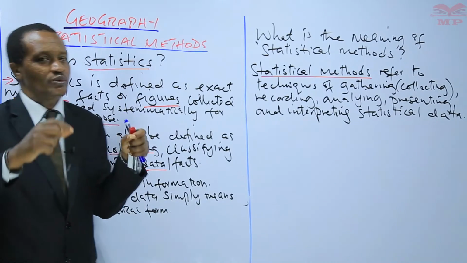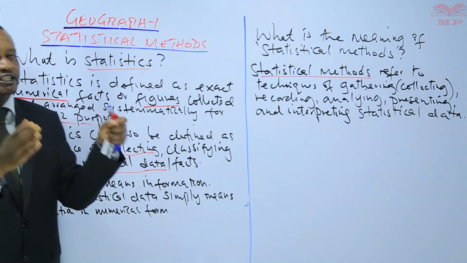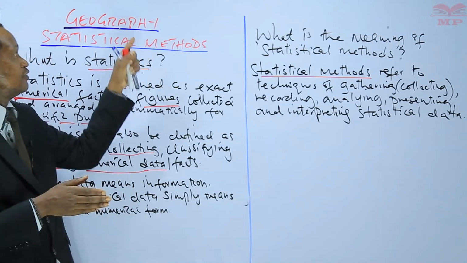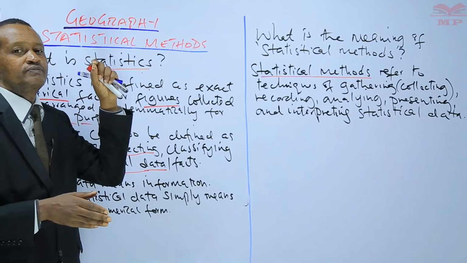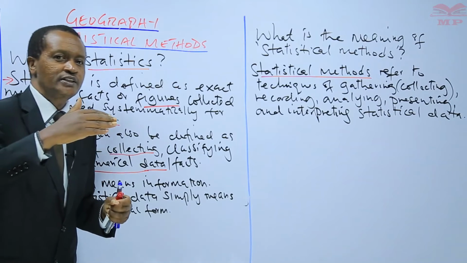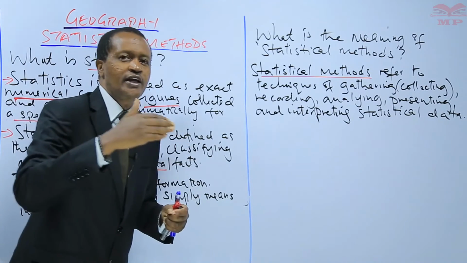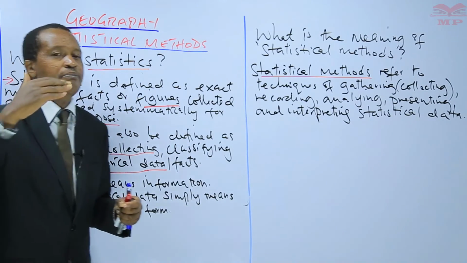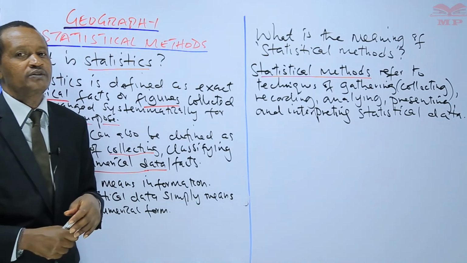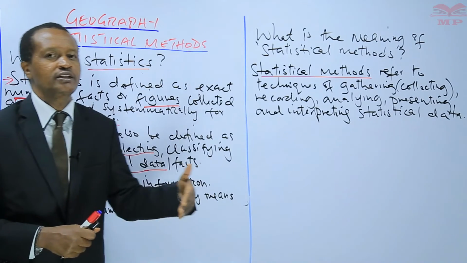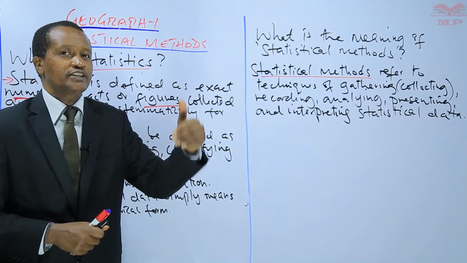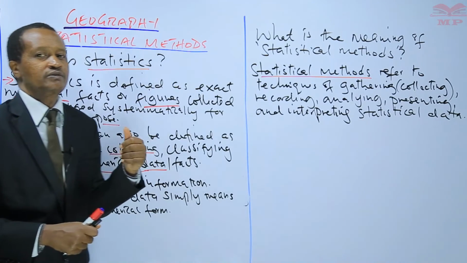So, learners, when statistical data has been processed, useful conclusions can be drawn from it. Right? That's why we say that statistics plays a big role in enhancing the study of geography. It also helps in clarifying geographical facts that have been documented.